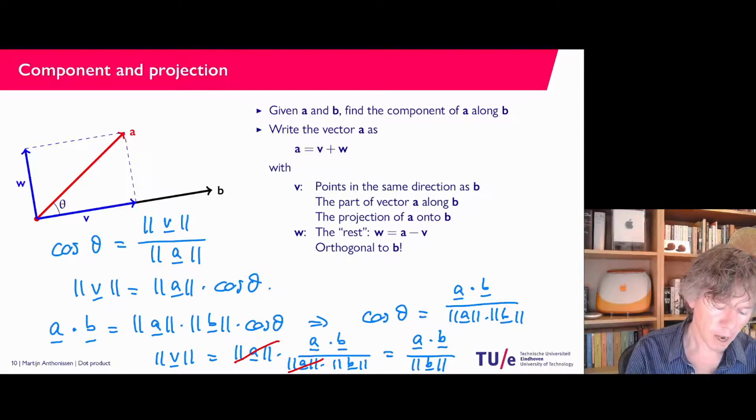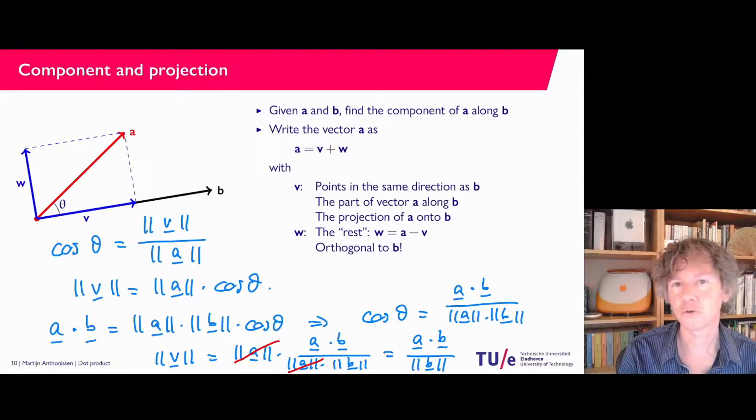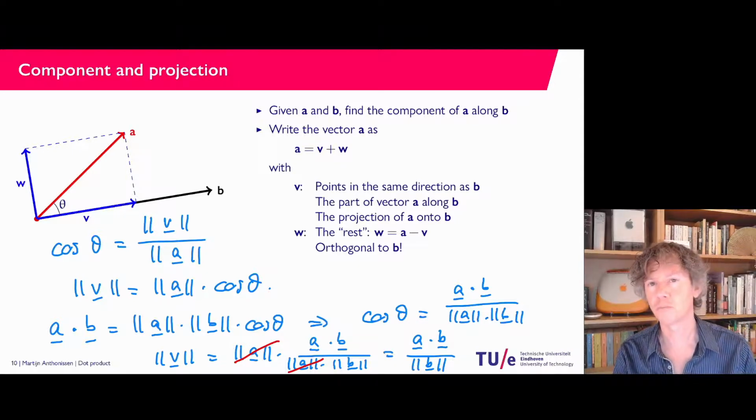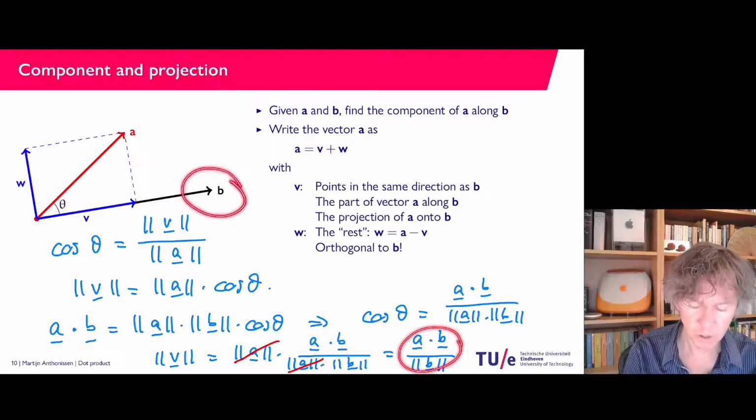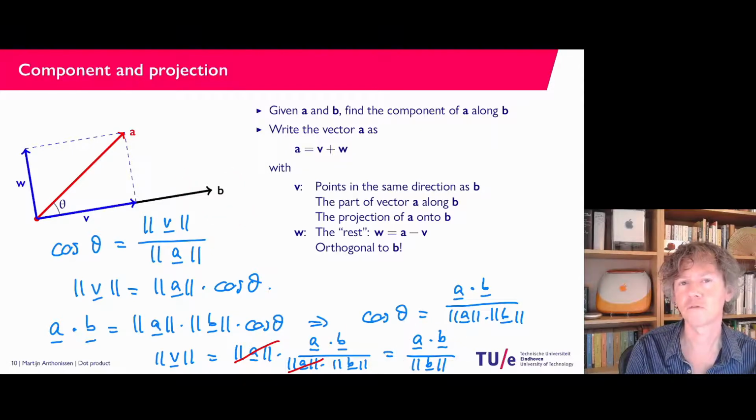And now I want to make it a vector, so I also want to know in which direction it points. And it points in the direction of B. So it would be tempting to say that my vector V is now this number times B, because then I have something that points in the direction of B, but that's not completely correct yet.